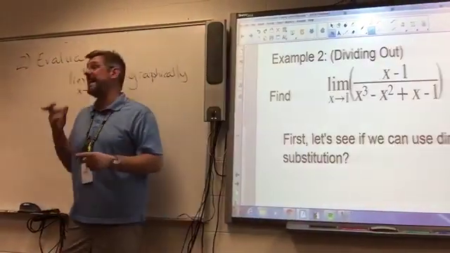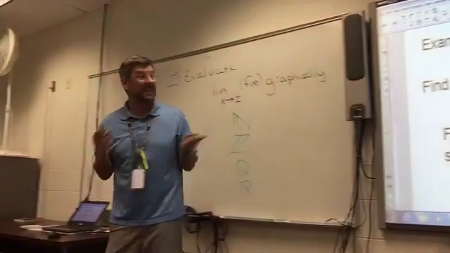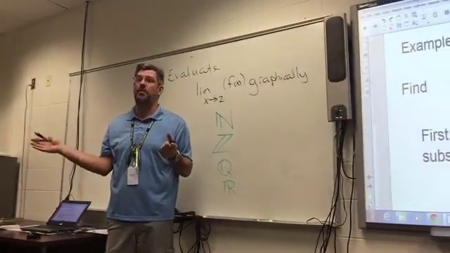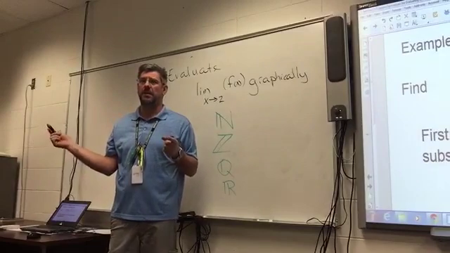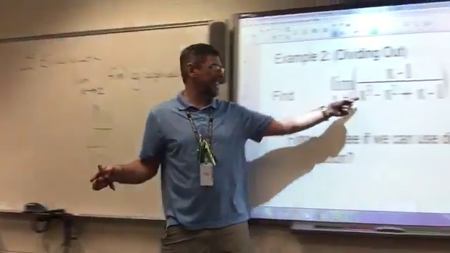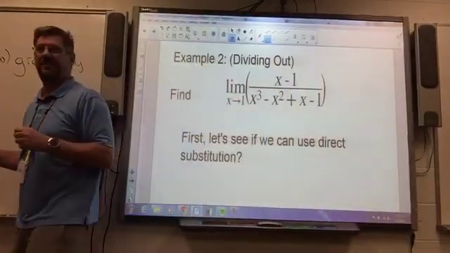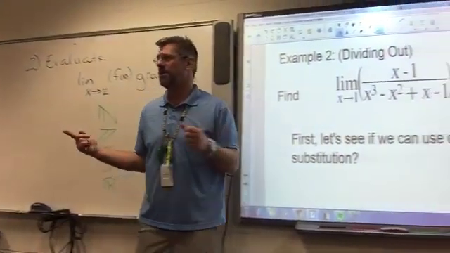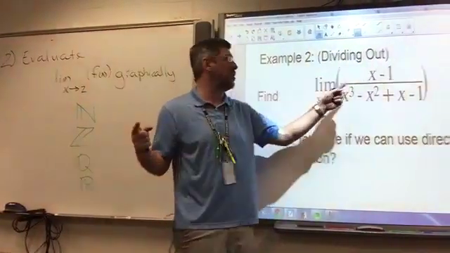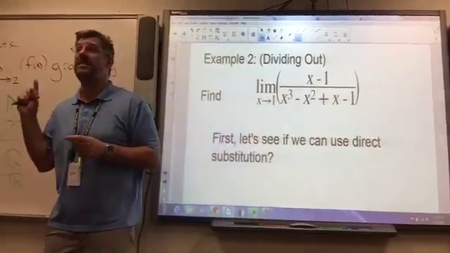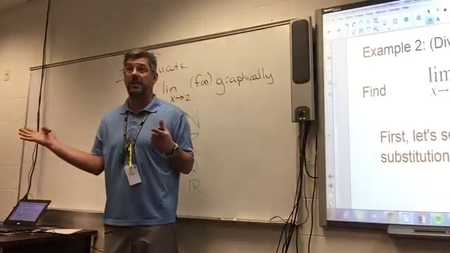Let's divide out again. This one doesn't look quite as obvious, but what's our first step always? Well, before I do that, do I want to factor? That's a pain to factor, isn't it? I want to try direct substitution first. Because if I put 1 in for x, and I don't get 0 in my denominator, can I use it?